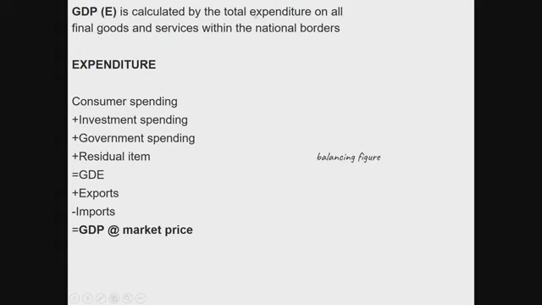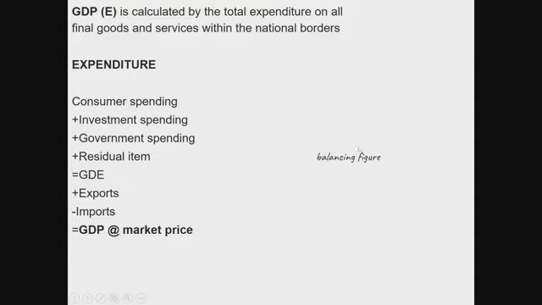So we're looking now from an expenditure perspective. We're looking at how much money is being spent by consumers, how much money is being spent by businesses, which is your investment spending, how much money government is spending, and then we get a residual item.